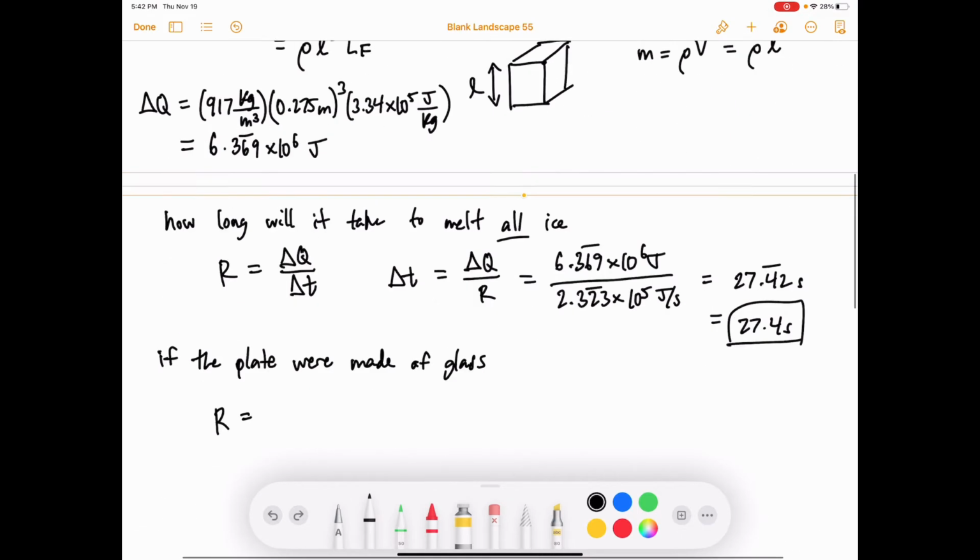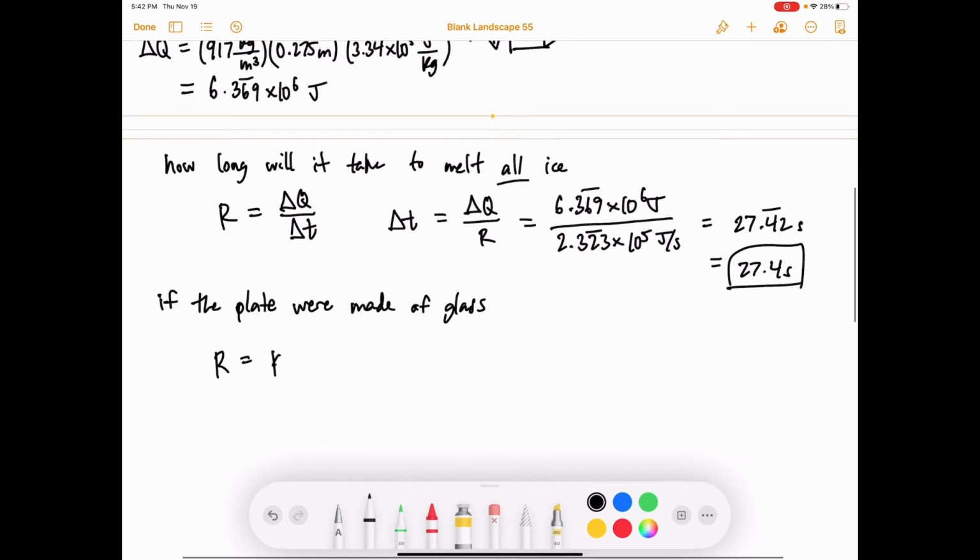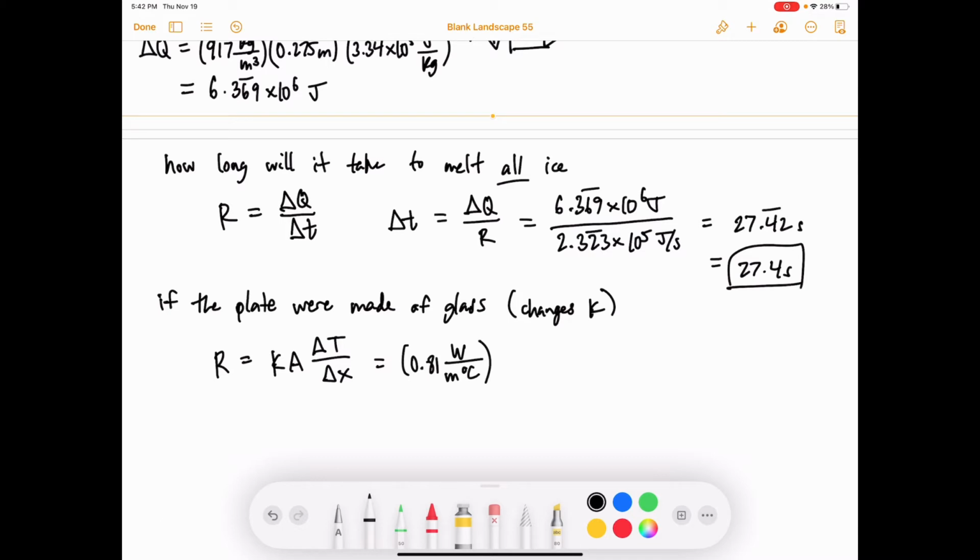So let's copy that down. We have R equals K times A times delta T over delta X. The only thing that's changed is K. It's a new material, has a different thermal conductivity. So the K value for glass is 0.81 watts per meter per degree Celsius, like this.